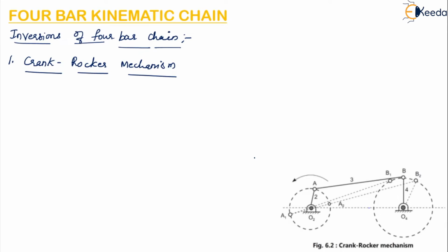In this case, for every complete rotation of link 2, O2A is the link 2, when it rotates completely, then the link 4, that is O4B, makes oscillation between the extreme points O4 and B1.